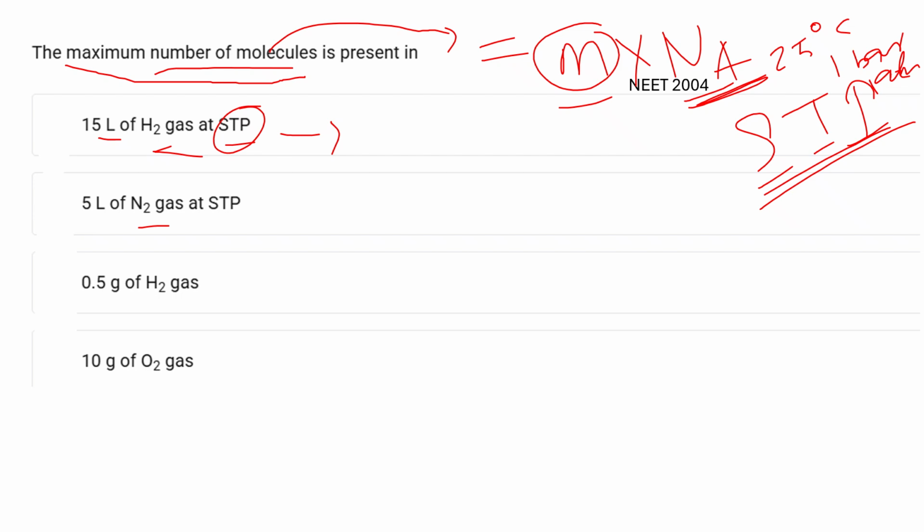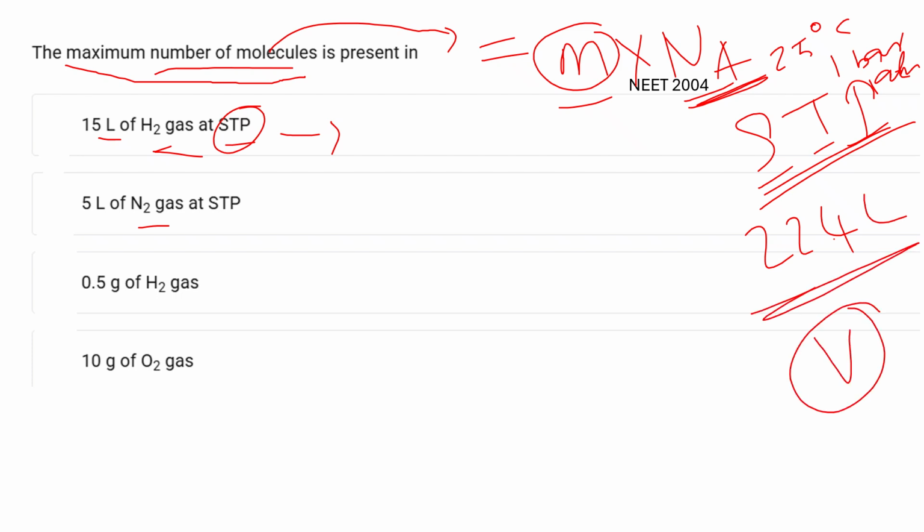What is 22.4 liter of volume? It means the gas occupies 22.4 liter in three dimensions. Volume is nothing but the space an object occupies in three dimensions. If I am sitting in a chair, I occupy the space of that chair.